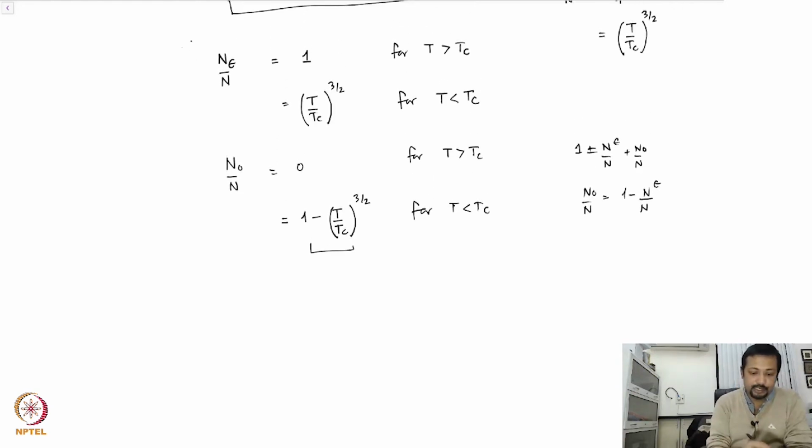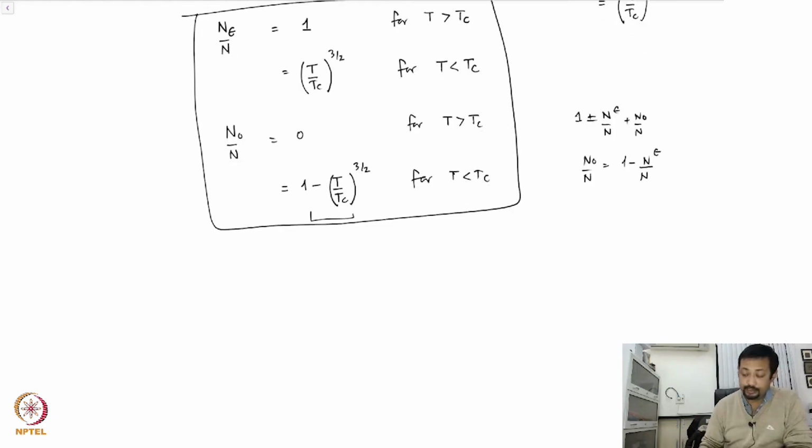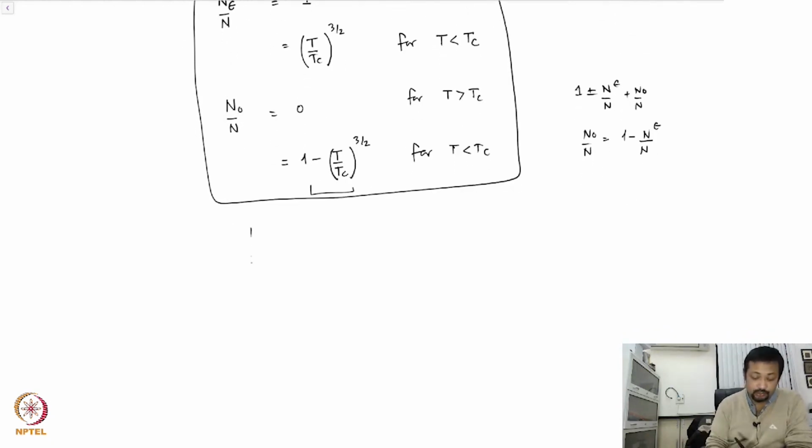If you carefully study these two expressions, one can plot them also. You see that as you approach 0 temperature, the number of this thing vanishes. Let's say this is my Tc, we'll draw a vertical line, and let's say this is 1.